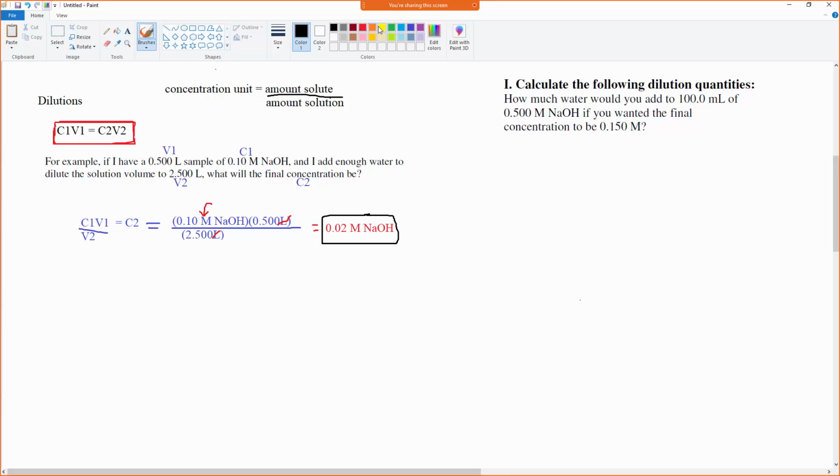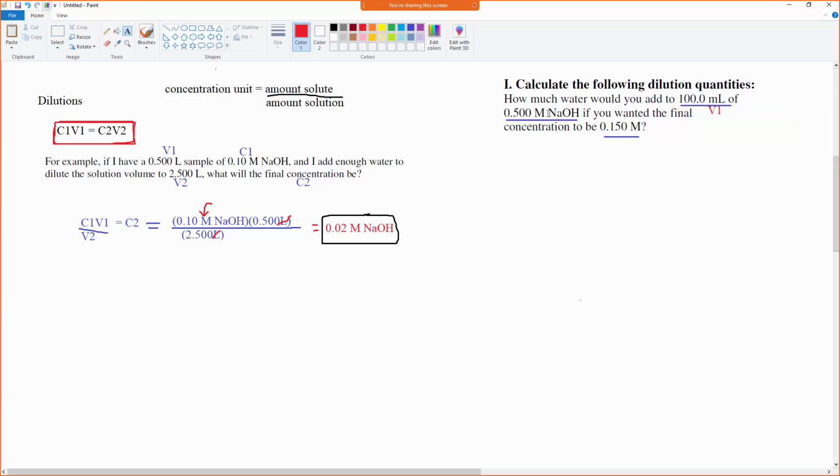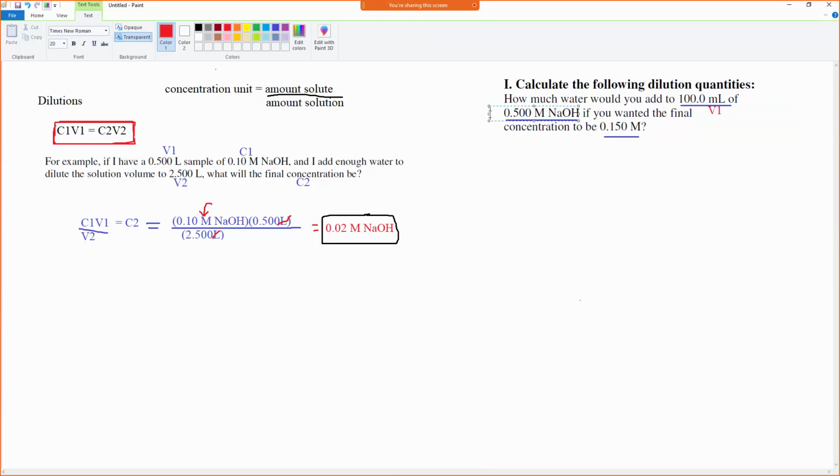All right, so how much water would you add to 100 milliliters of 0.5 molar sodium hydroxide if you want the final concentration to be 0.150 molar? So this is my initial volume, this is my initial concentration, and my target concentration is right there.